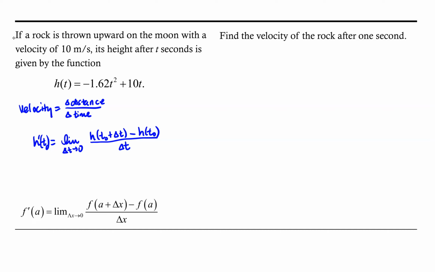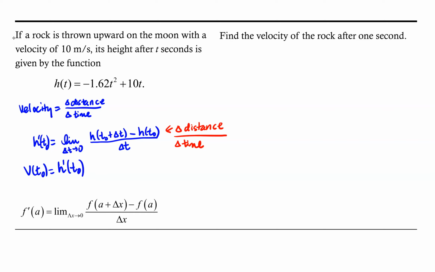If I focus on the units here as I'm doing this limit, notice that we will end up with a change in distance over a change in time, which is a velocity. So what we can say is that the velocity at time t naught is the same as the derivative of h at t naught.